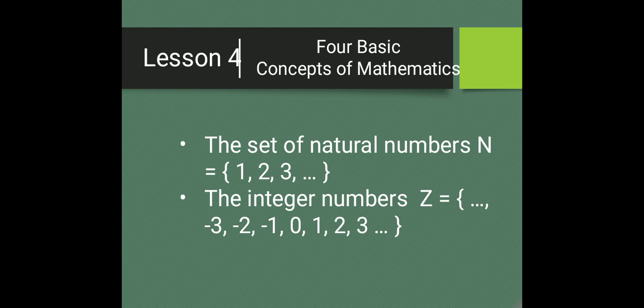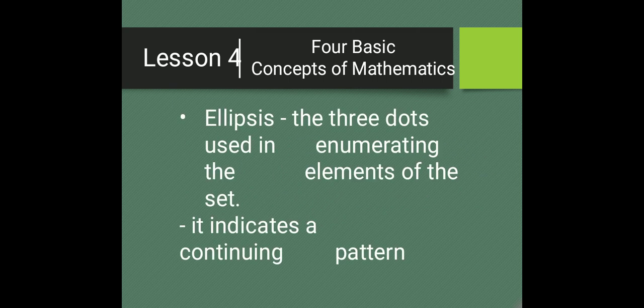Kailangan naka-capital letter yung magre-represent sa set like Z and N. Tapos gagamit ng braces and para paghiwalayin yung bawat element, we have to use comma. Okay? So, dito, we also have this one, the ellipsis. Ano ba yung ellipsis, sir?